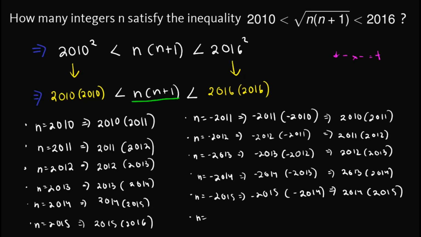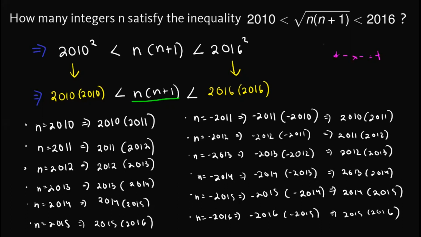Lastly, we have n equals negative 2016, which is negative 2016 times negative 2015, which is simply 2015 times 2016.